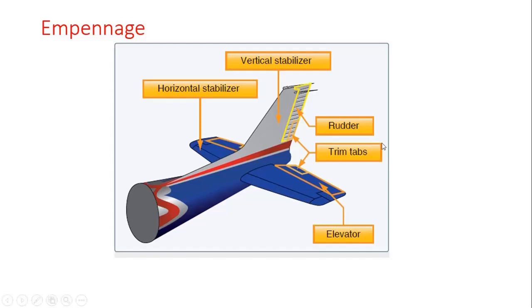Trim tabs are small movable portions of the trailing edge of the control surface. These movable trim tabs, which are controlled from the flight deck, reduce control pressures. Trim tabs may be installed on the ailerons, the rudder, and on the elevator.